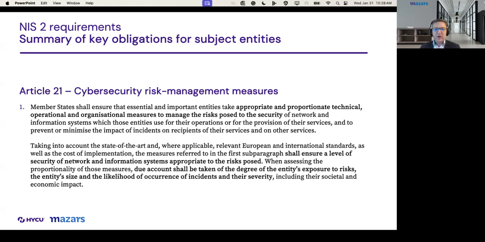So how would we know that we apply an appropriate level? Because even below it says, shall ensure a level of security of network and information systems appropriate to the risk posed, right? So basically what they will expect you to do is a smart assessment, which usually goes through a few steps. I'll talk about it later when I give my recommendations on how to apply this.